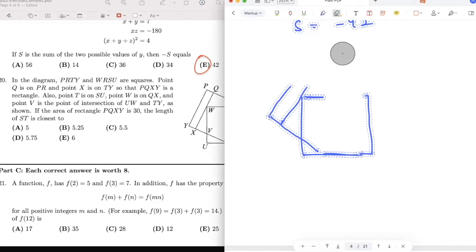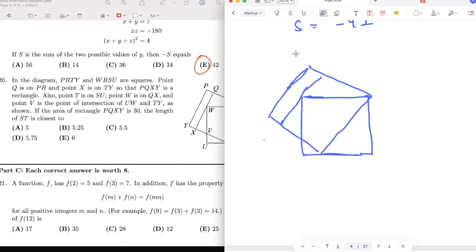Like this, and this comes like this. And this goes like this. Okay, that is how it looks.